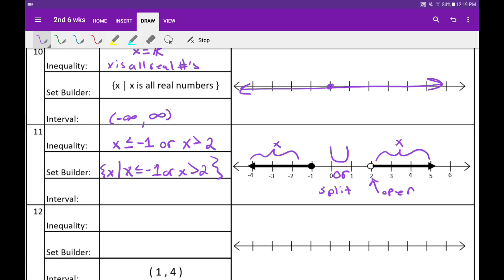This one is going to be negative infinity, because the arrow goes to the left, comma, to -1, bracket, because it's included, closed circle. Then we put our union symbol, not or. Then we use parentheses, and we have 2 all the way to positive infinity, and that's how you describe that set.